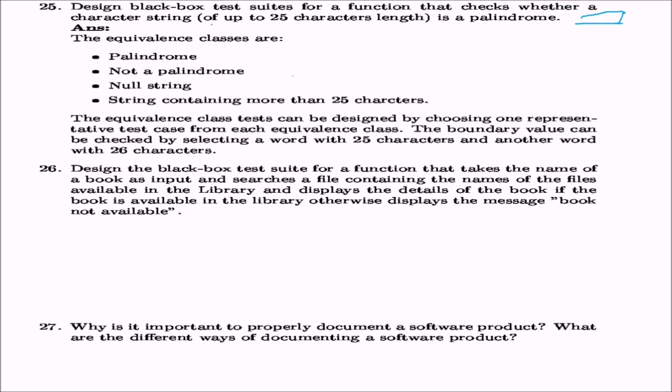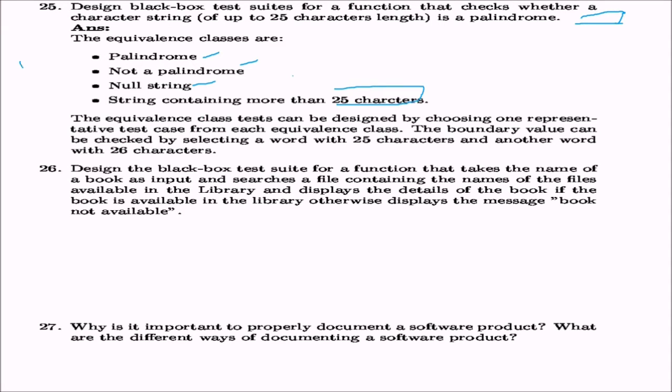In black box testing, we do two things. First is equivalence partitioning, and then boundary value analysis on these equivalence classes. The equivalence classes that can be made are palindrome, not a palindrome, a null string, and a string which contains more than 25 characters.